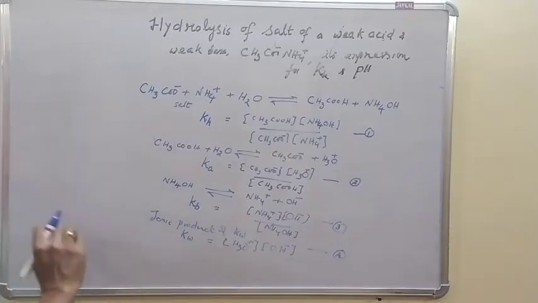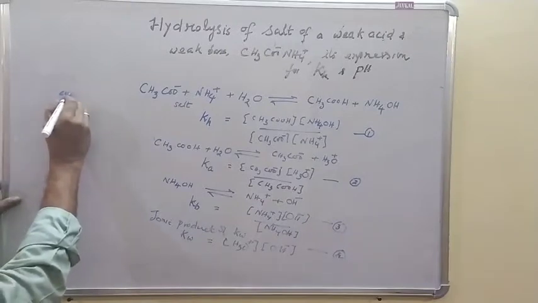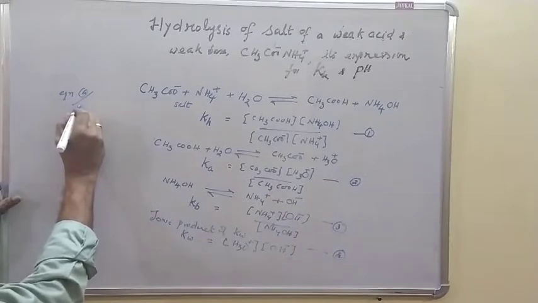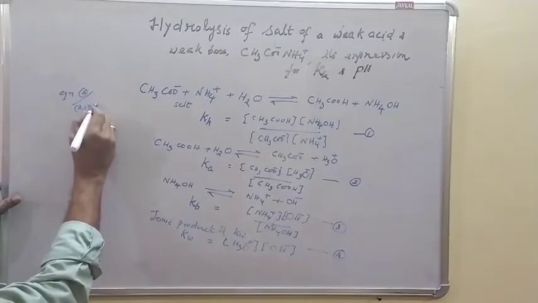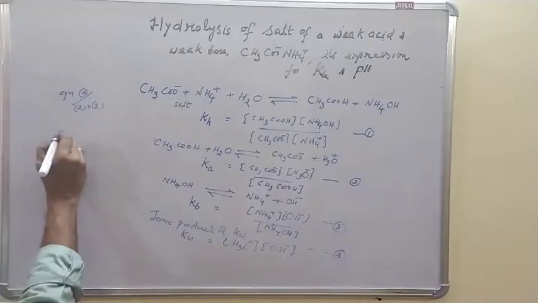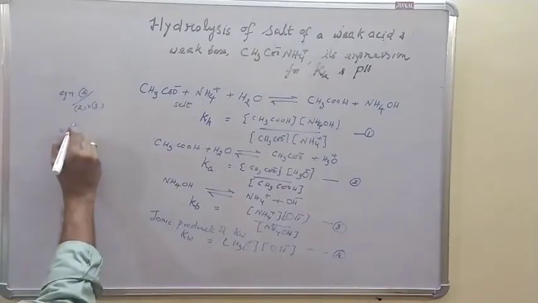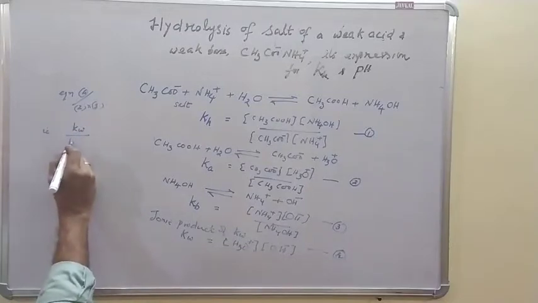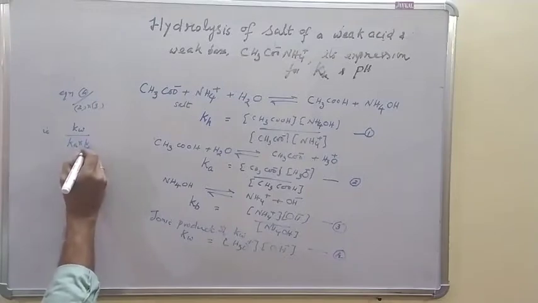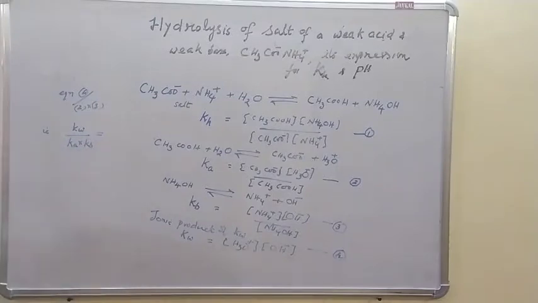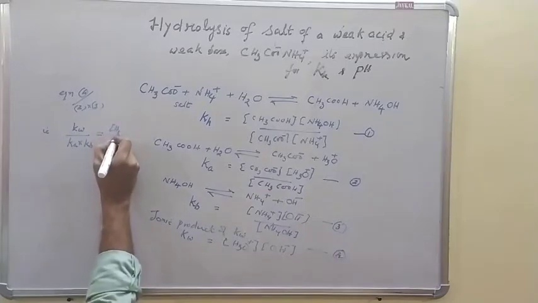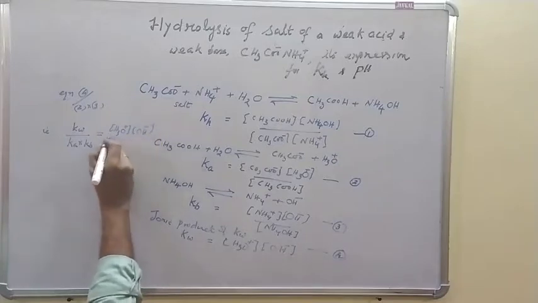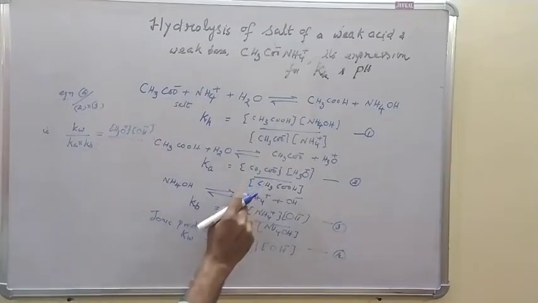So KW divided by Ka into Kb is equal to H3O plus into OH minus divided by Ka.